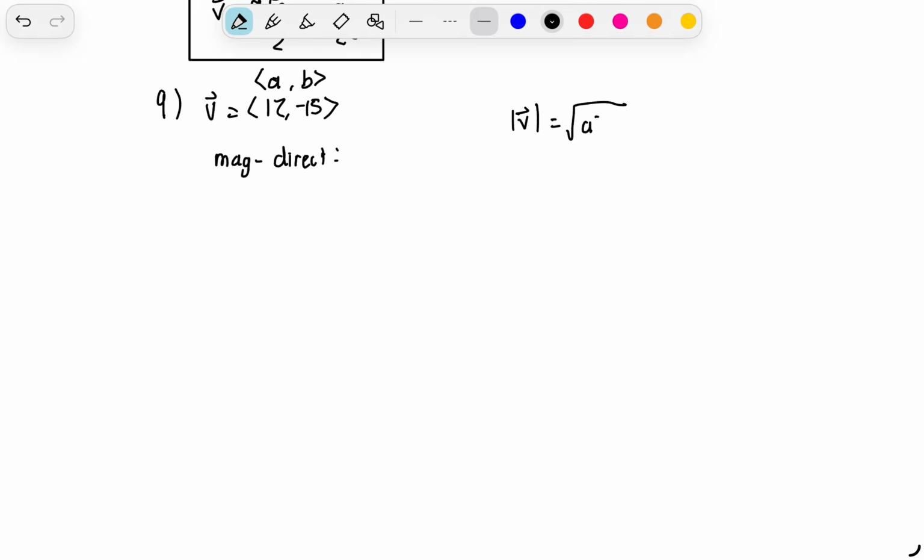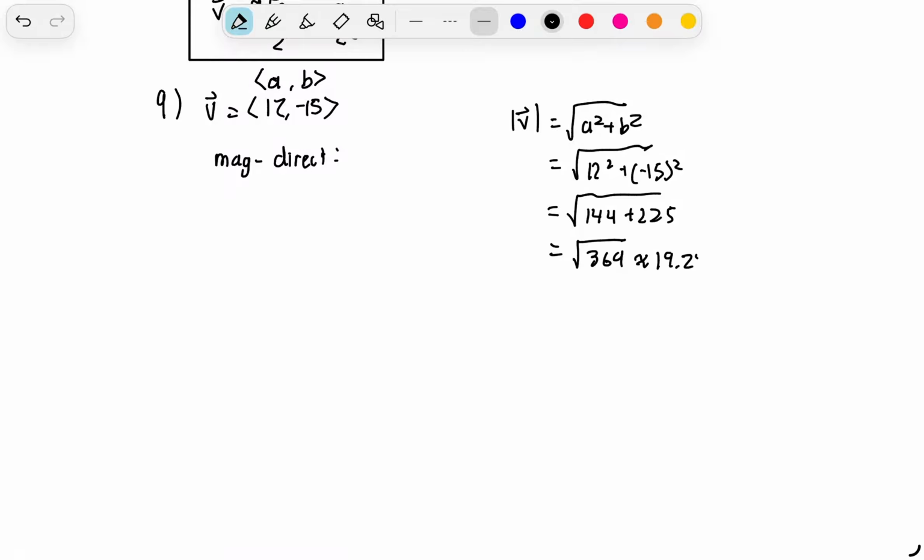That's going to be the root of a squared plus b squared. And that's 12 squared plus negative 15 squared. That's 144 plus 225, which is the root of 369, approximately 19.24.